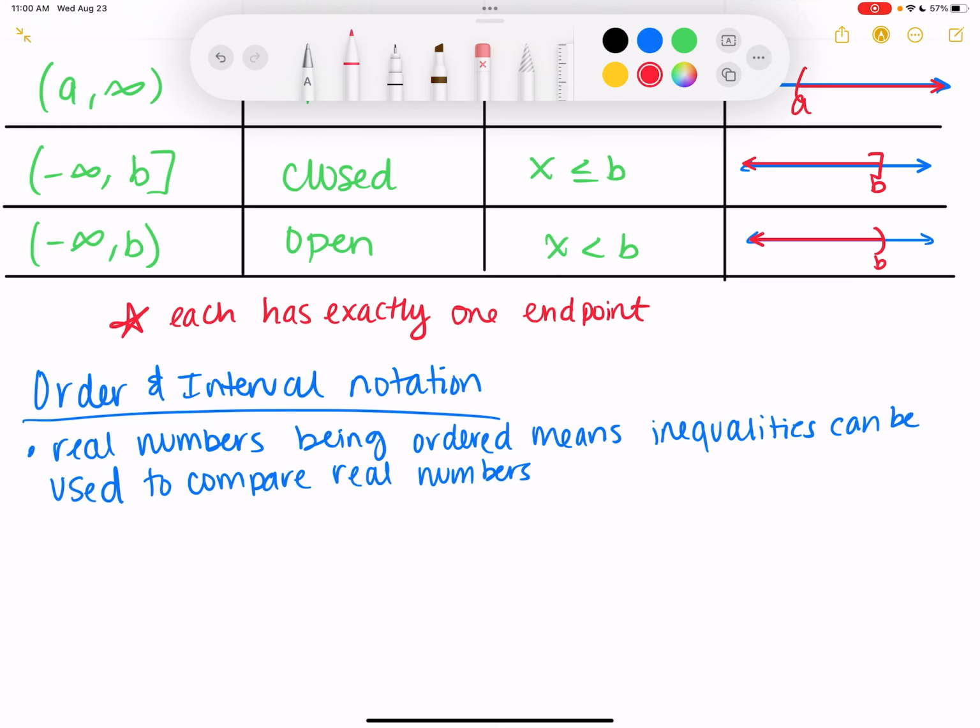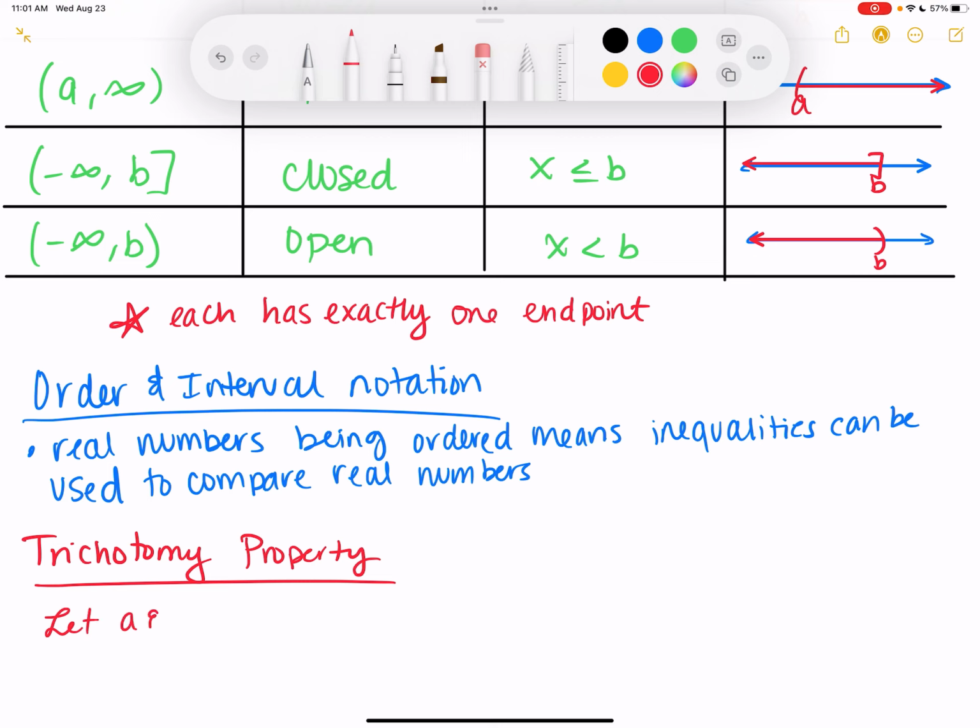But we do have a property here that we need to know, the trichotomy property. Let A and B be any two real numbers.